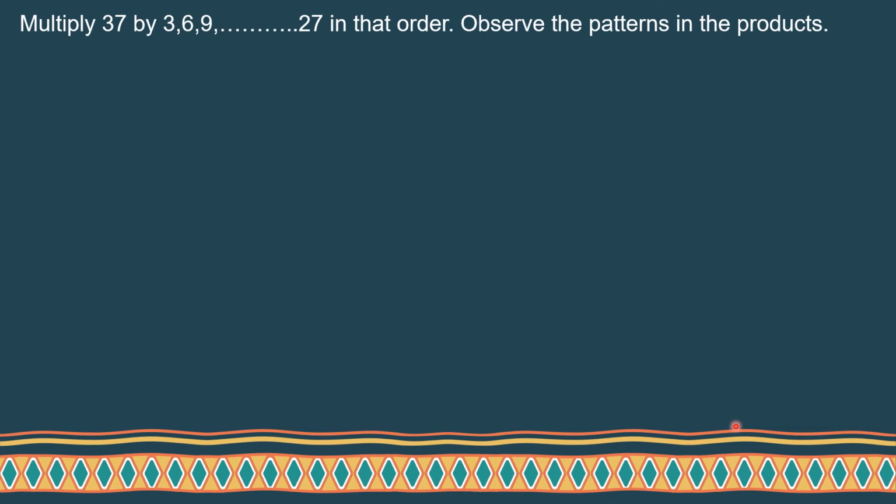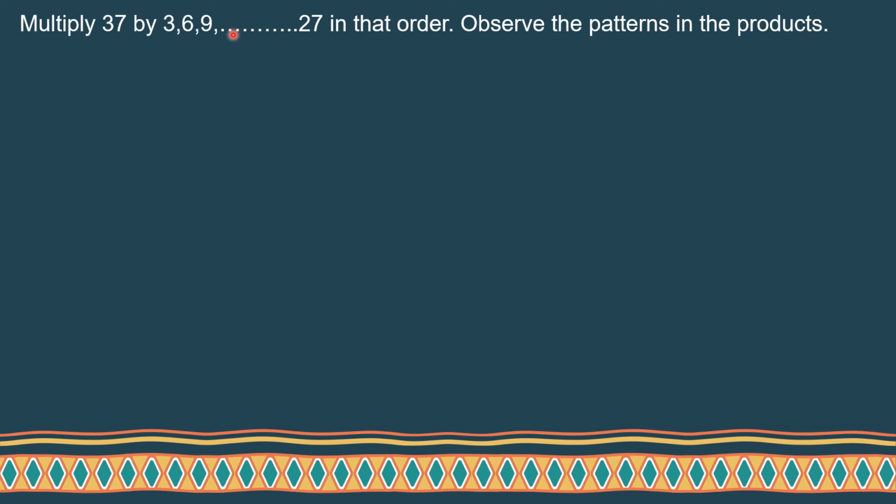Multiply 37 by 3, 6, 9 and so on till 27, in that order. Observe the patterns in the product. So students, here 3, 6, 9, which number will come next?